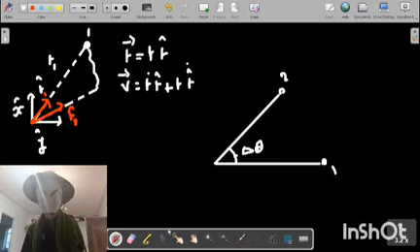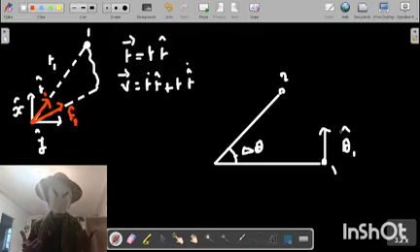Now this obviously is going to be theta hat 1. Remember, the theta hat vector always creates a 90-degree angle with the r hat.